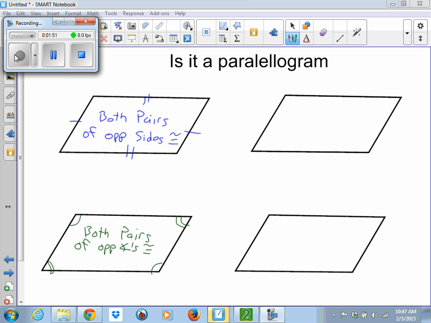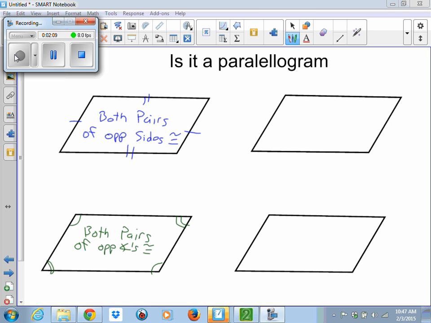Again, a square, all the angles are congruent, so that means both pairs of opposite angles are congruent because they're all 90. Same thing with a rectangle. Okay, so don't just get stuck. It doesn't have to say the exact same words. It just has to meet the criteria that we were talking about.